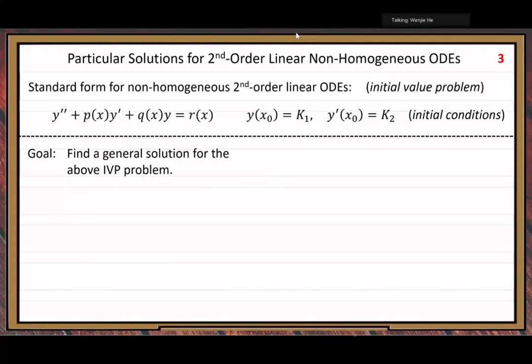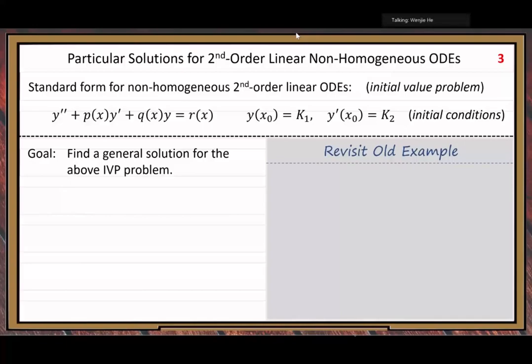First, we don't look at the initial conditions. We ignore them. We want to solve for a general solution of the standard form.